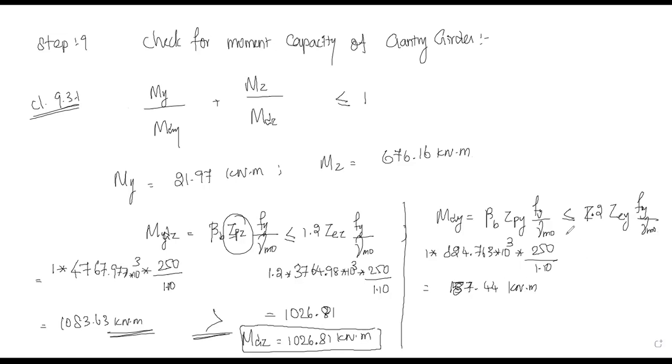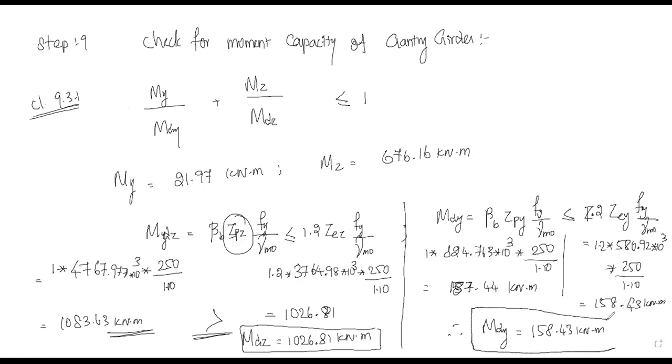And here 1.2 into Zey value: 580.92 into 10 to the power 3 into 250 by 1.10, then it becomes 158.43 kilonewton meter. Therefore, our Mdy we are going to take as 158.43.